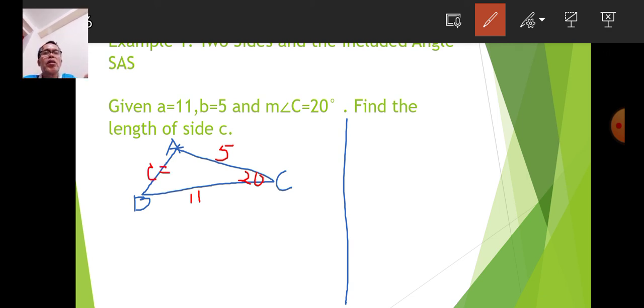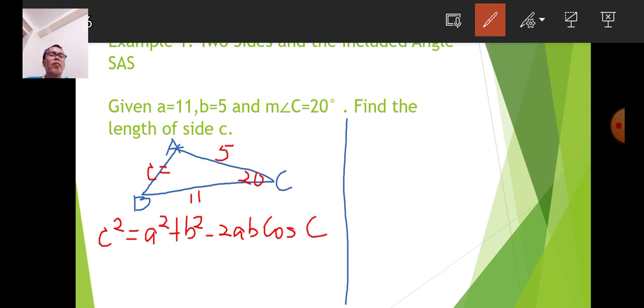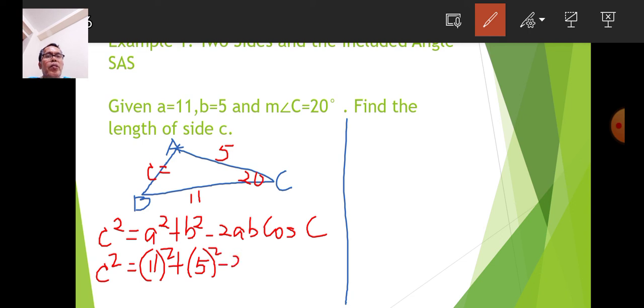So we are going to use the formula C squared is equal to A squared plus B squared minus 2AB times the cosine of C. Substituting the corresponding values, C squared is equal to A is 11 quantity squared plus B is 5 quantity squared minus 2 times A is 11 times B is 5 times the cosine of C is 20 degrees.